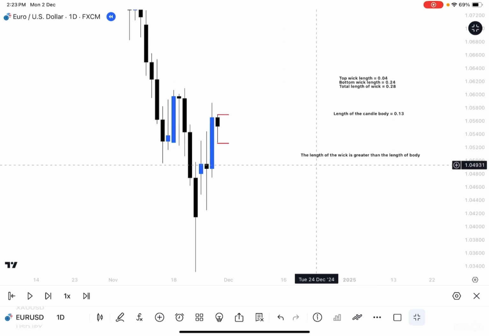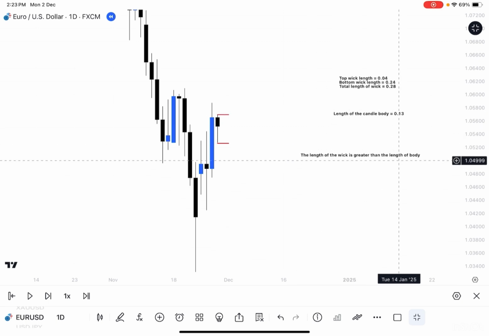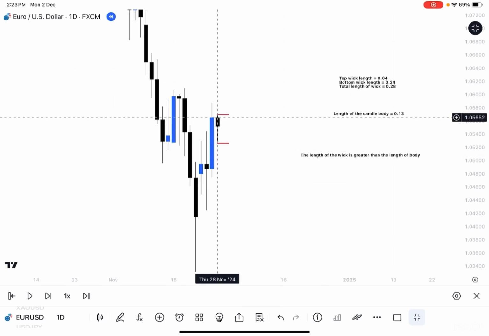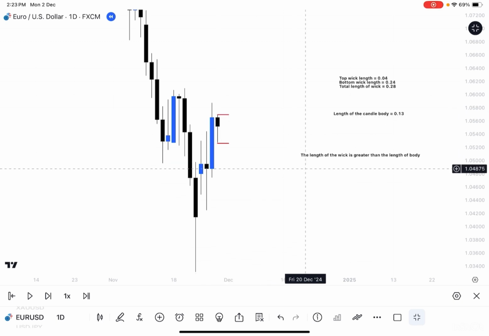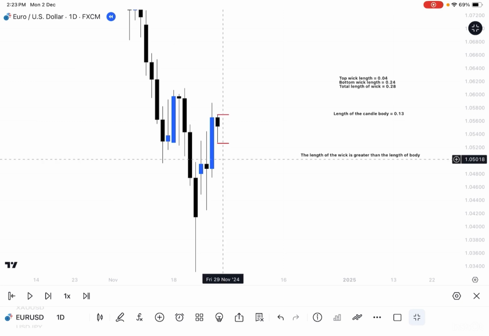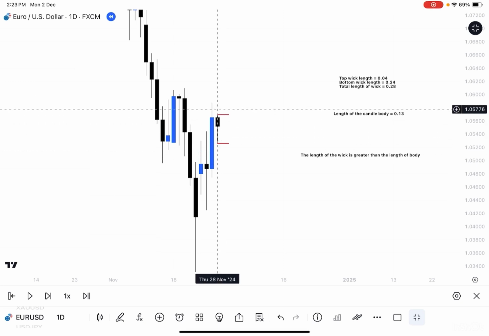Same, the length of the wick is greater than the length of the body. So this is also not a CRT candle, because the length of the wick is greater than the length of the body. So I think it's so easy, guys, to find.